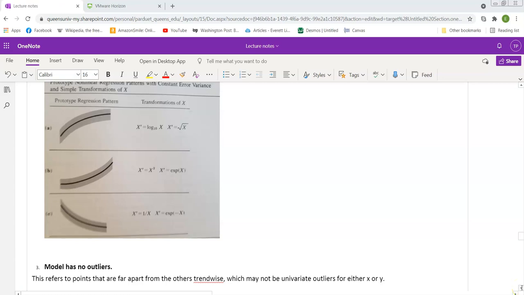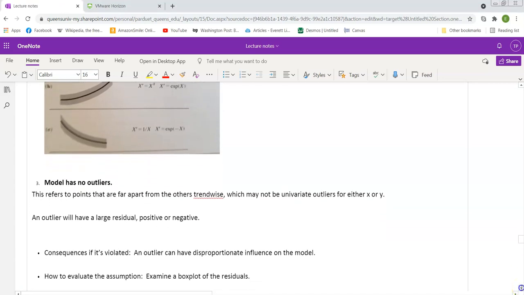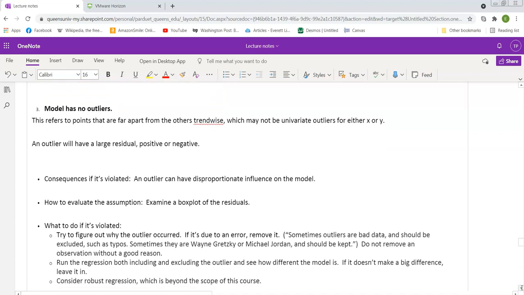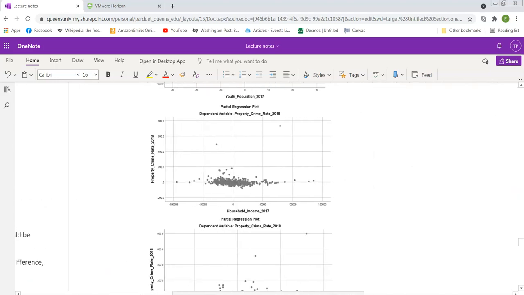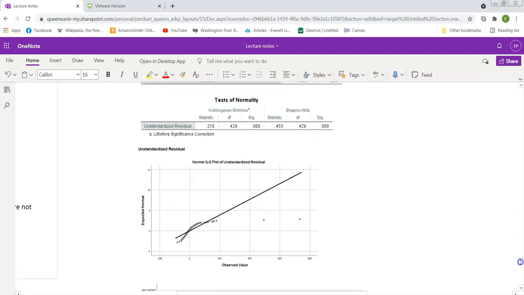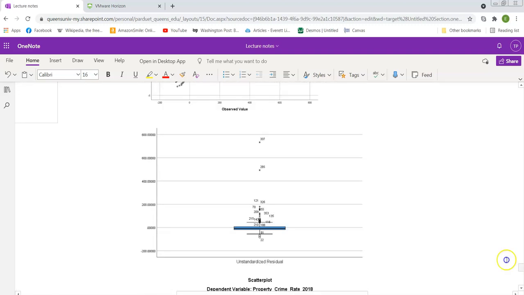The third assumption is that the model does not have outliers. To look at that, we're going to look at the residuals. And this is where we're going to look at the box plot of the residuals. And that is coming out with the output. We've got it, because we ran those normality diagnostics, and this is just one specific one of those.